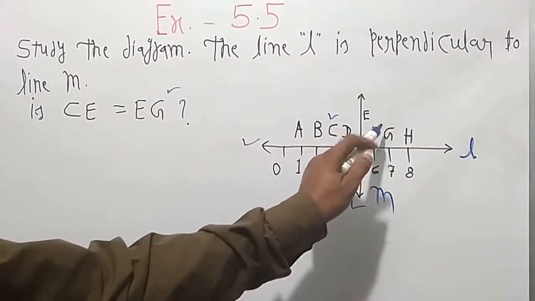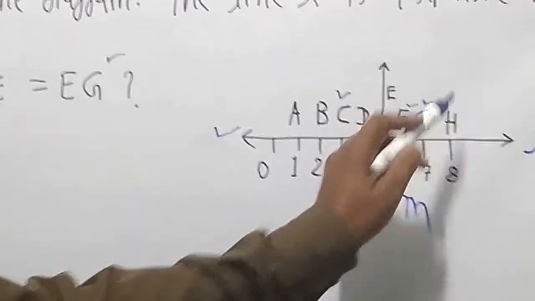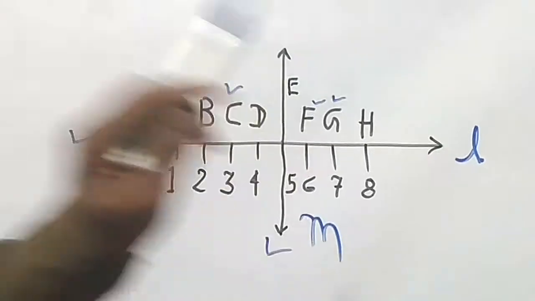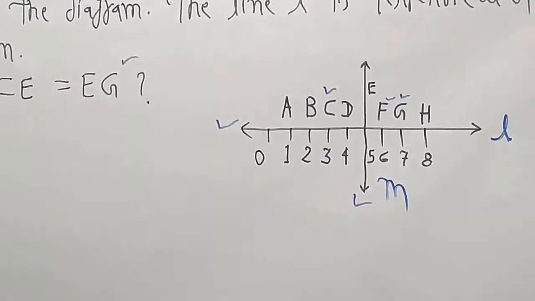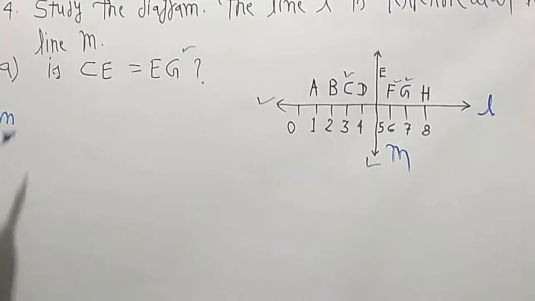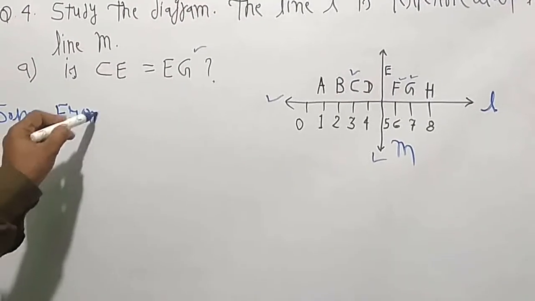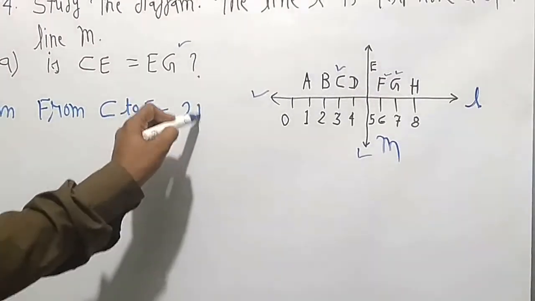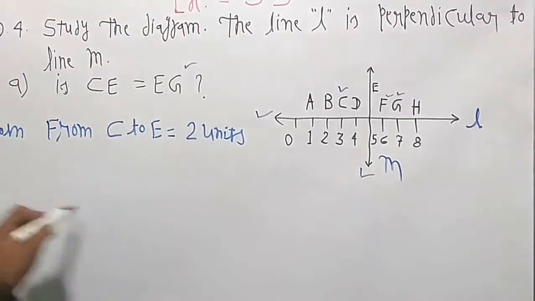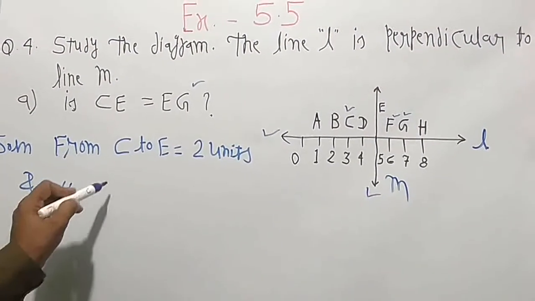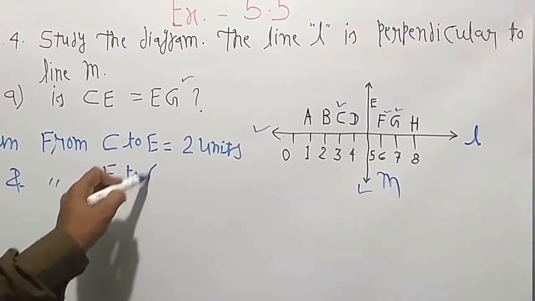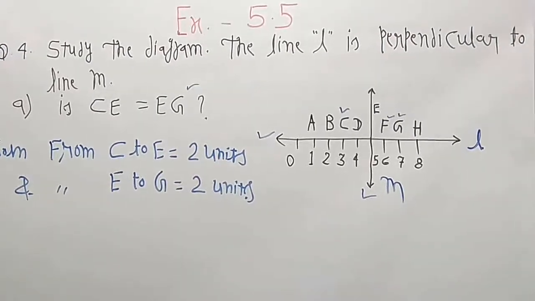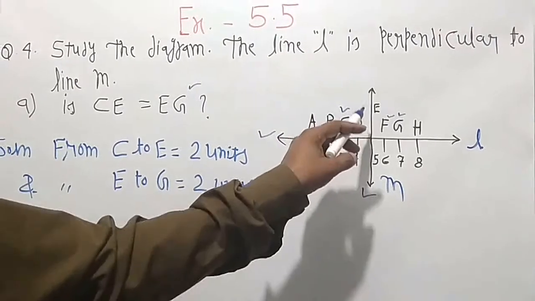It is E, F, G. So again there are two units in between E to G. So in the answer we can write, from C to E there are two units, and from E to G again two units are there. It means there is equal space in between C to E and E to G.